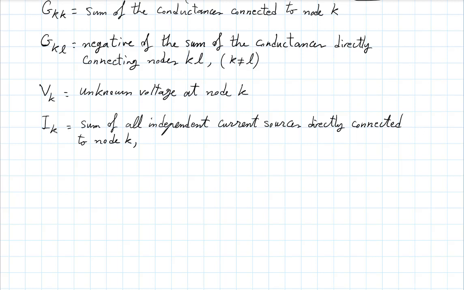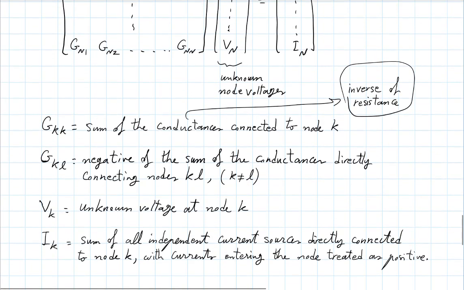In this convention, with currents entering the node treated as positive. This is it. So basically, you can look at the circuit and write the matrix equation directly.